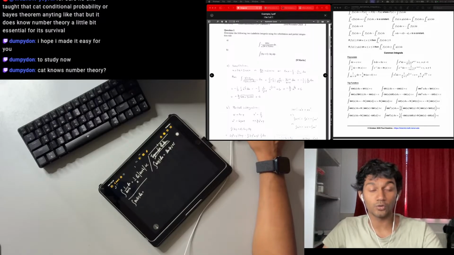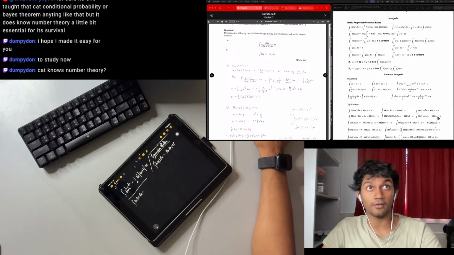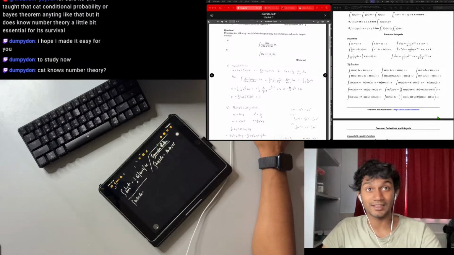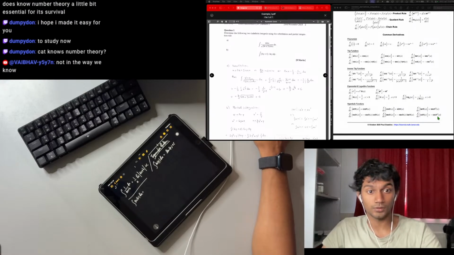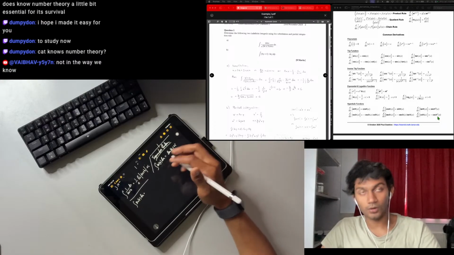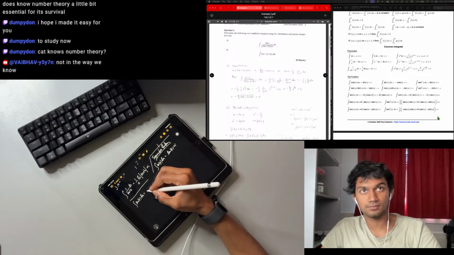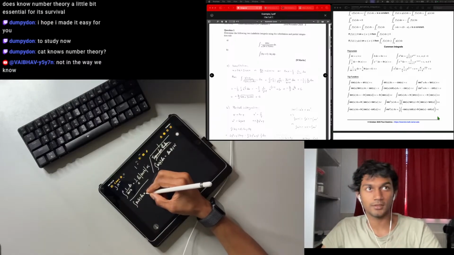I don't think a cat knows number theory in the way we understand, but its brain should have an understanding of how things work, unless it cannot survive, unless it cannot use its motor, not in the way we know. But you know what? I think we should look into that. We should look into how animals predict their own body movement. What is the math an animal's brain is doing to move and stuff?